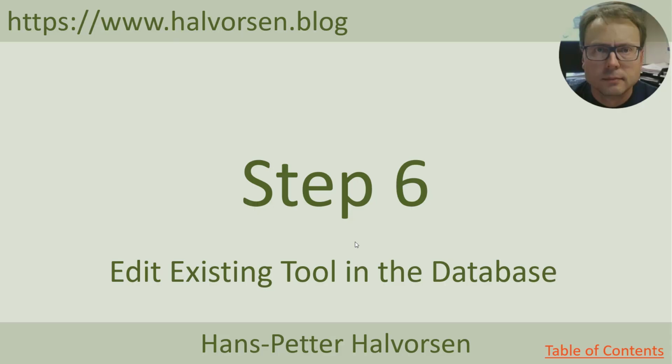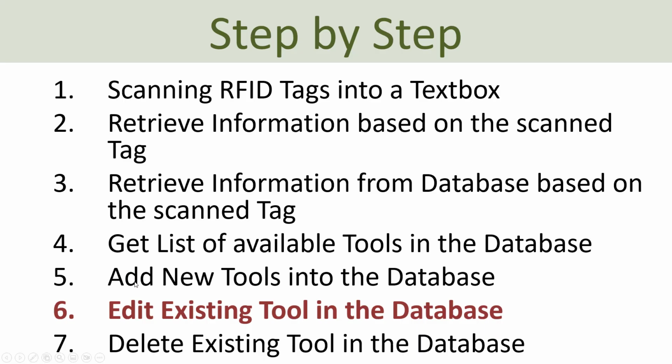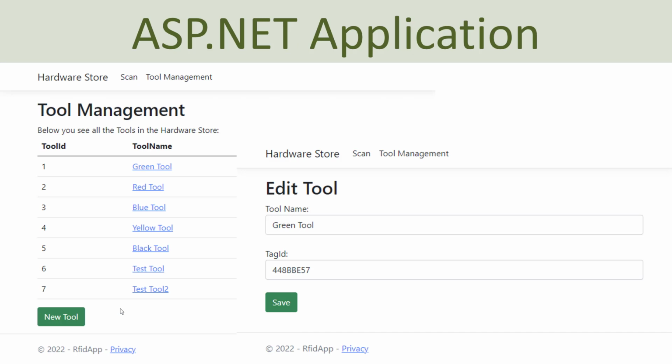So let's go to the next step of this application. In the previous step, we added the possibility to add new tools into the database from the web page, and now the next step would be to also be able to edit that information from the web page. So here you see the updated application.